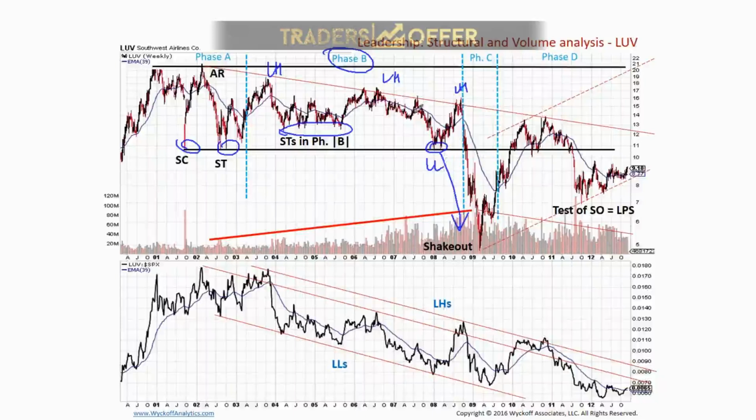So this picture suggests a structural weakness, and therefore we are expecting some kind of spring or shakeout situation going into phase C. Obviously, what we see is more of the extreme of what has happened, but still you would be expecting some kind of lower prices in phase C just because of how phase B unfolded.